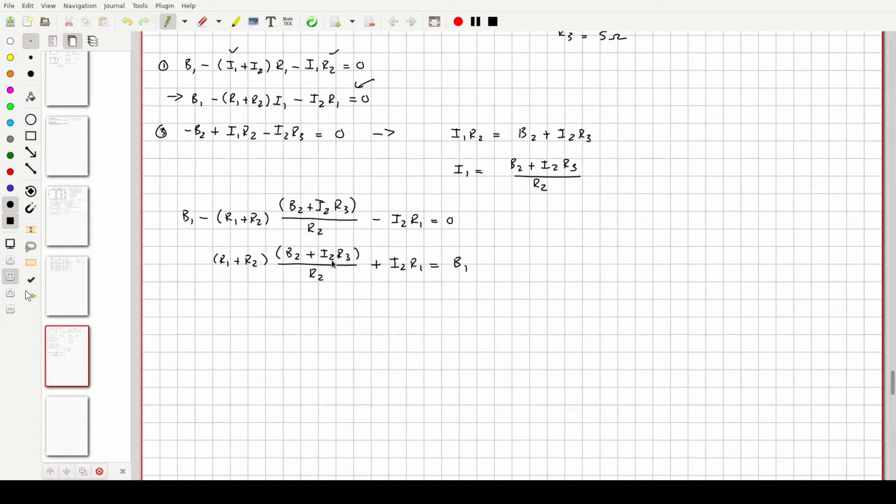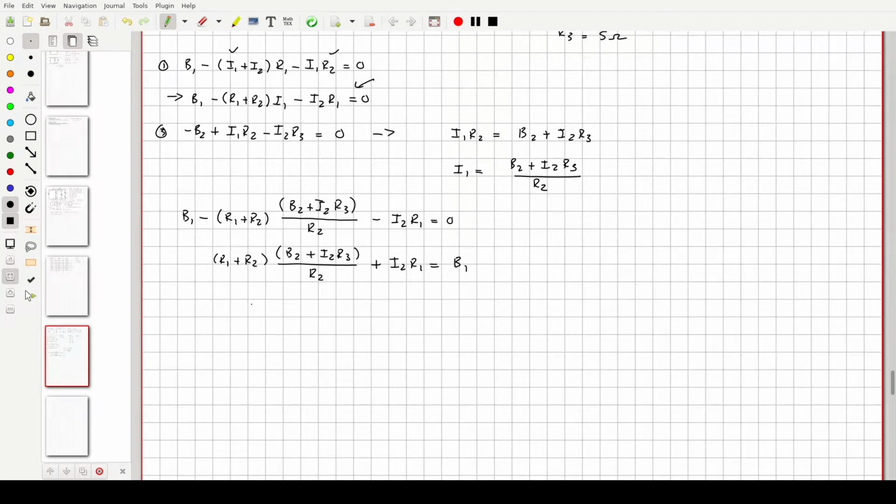Now, the goal here is to pull the I2 out and then have a bunch of gobbledygook over here that we can just plug stuff into. The first step to getting there, I think, is to multiply both sides by R2 and then divide both sides by R1 plus R2.